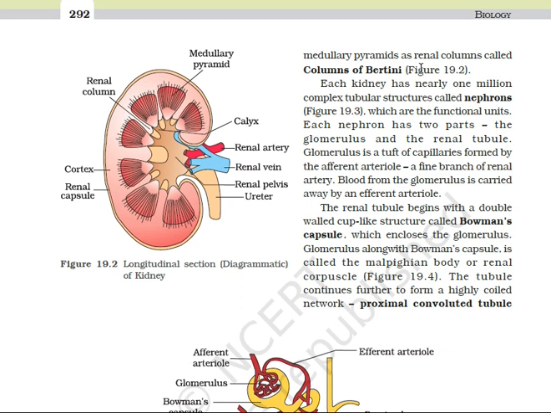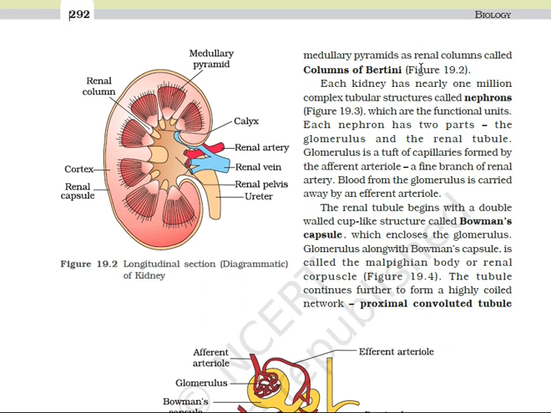Now I would like to tell you something about the ureter and the urethra. The ureters are obliquely placed, and they start from the kidney and proceed to the urinary bladder, whereas the urethra starts from the urinary bladder and opens to the outside.